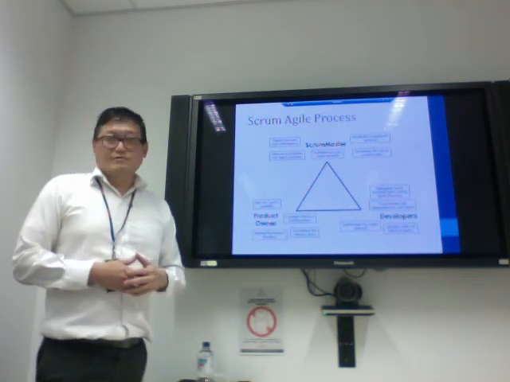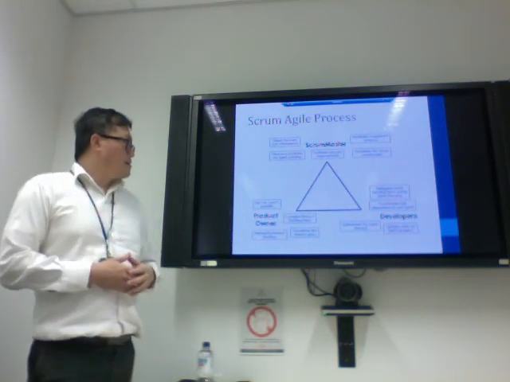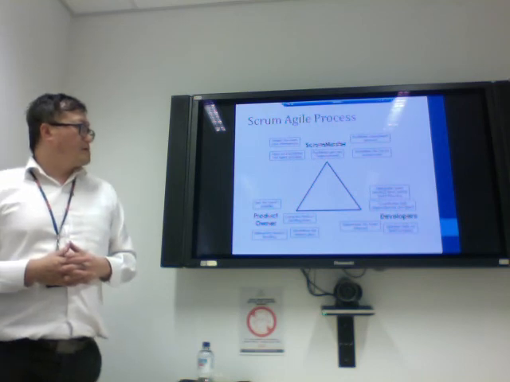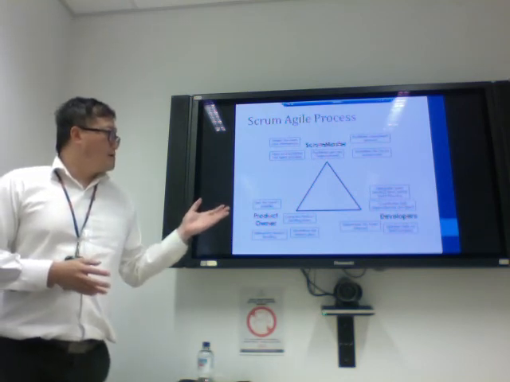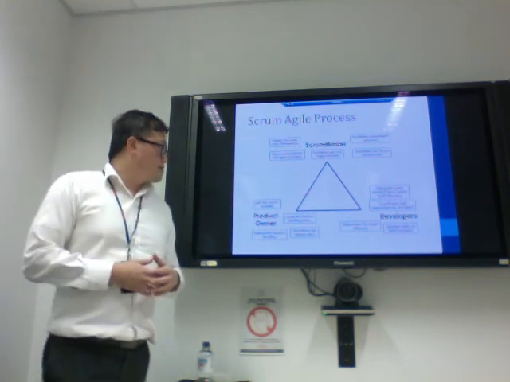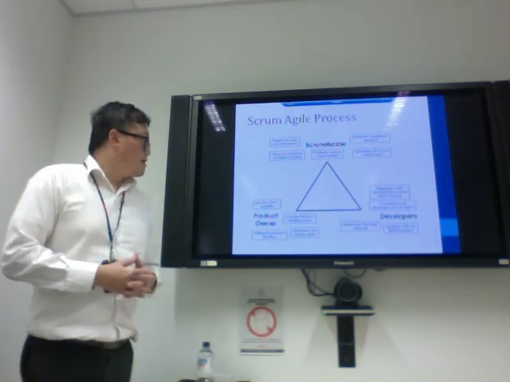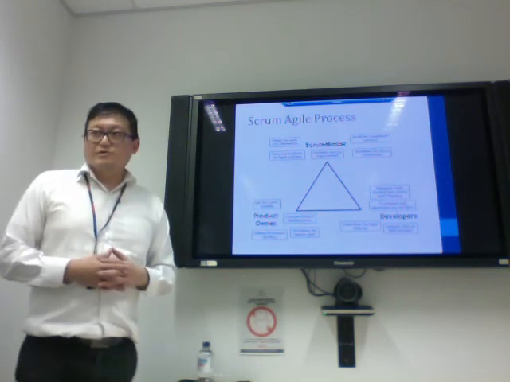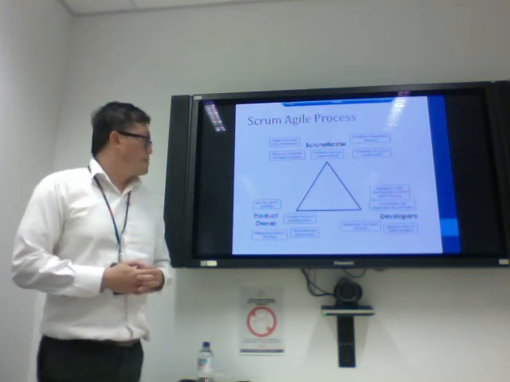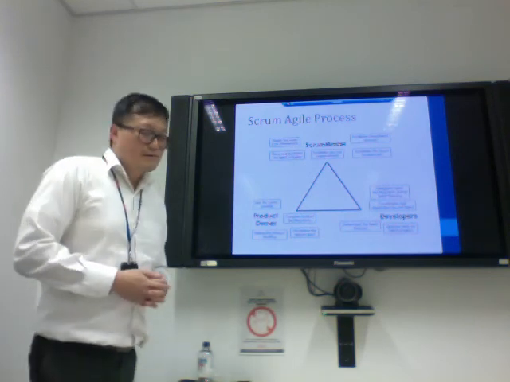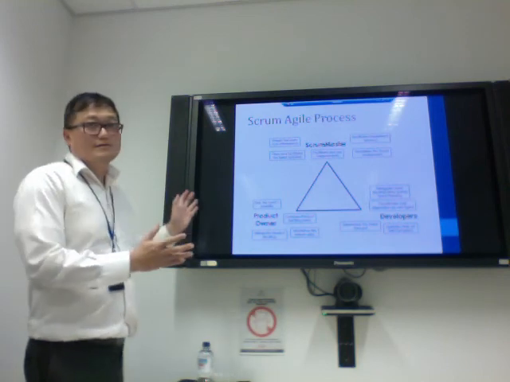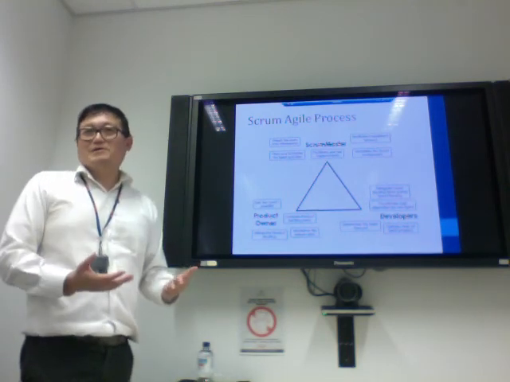He refines the project backlog. That's the job of the product owner. And the developers are responsible for coordinating the tasks, predicting how much work is to be done, and providing daily updates on how the sprint is progressing. That's the role of the Scrum team. So you can see in one page what it's all about.